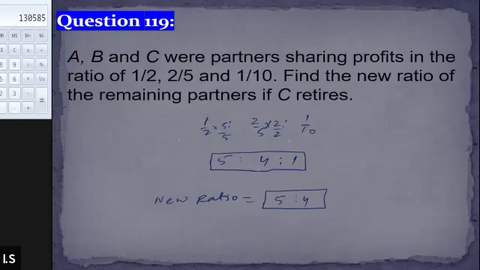Since C is retiring and the question does not tell you who is going to take over the share of C, that means the remaining partners will have to share the profits in the same ratio as they were sharing earlier, 5:4. We will only cut out the share of C from the existing profit sharing ratio. I hope it is clear. Aman, Tanya, is this clear? Yes or no? Yes, sir.